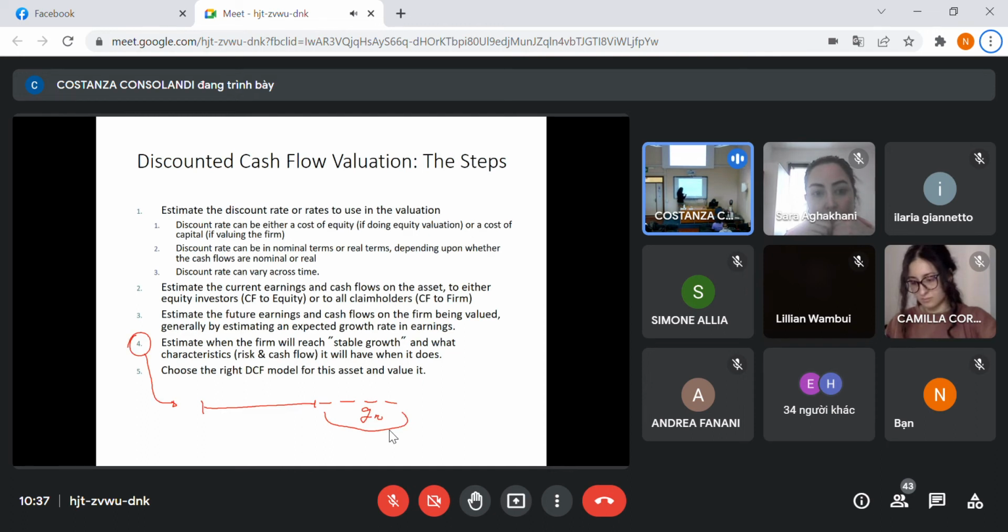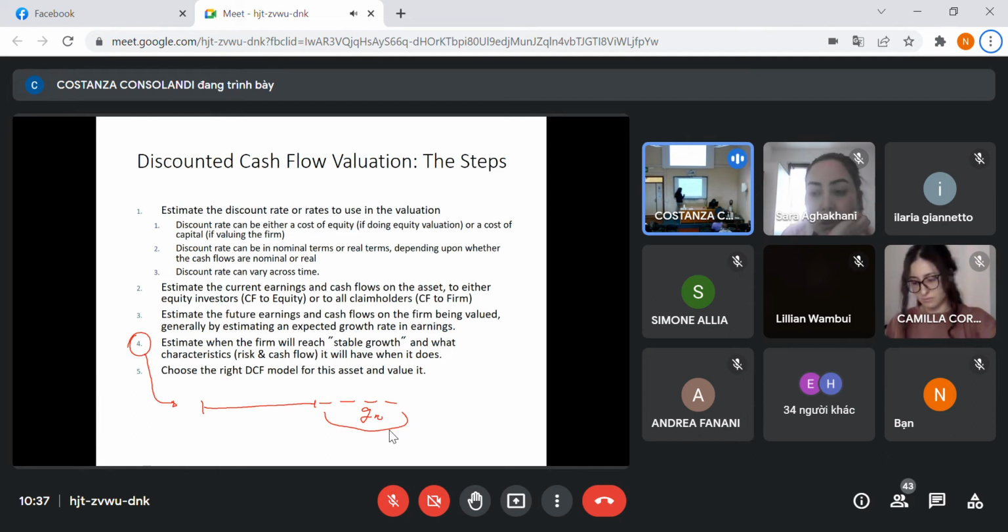So once we have this time horizon, this timeline, sorry, the value of the company will be composed by two sub-values.